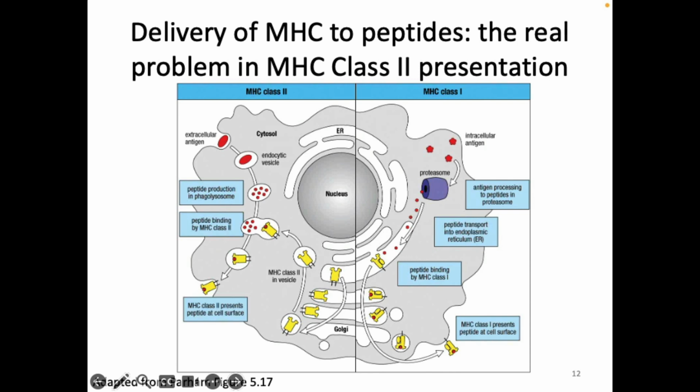So here's the problem. You see this black line right here? In the cell, there is no black line. If we're in a cell, like a B cell, a macrophage, or a dendritic cell that's doing both class 1 and class 2 presentation, there's no black line down the middle between the two of them.